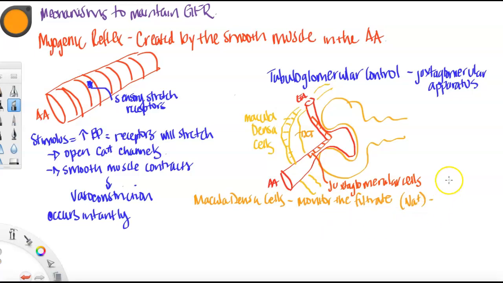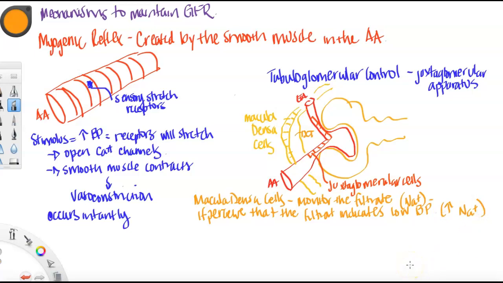Okay, so if the macula densa cells perceive that the filtrate indicates low blood pressure, that's going to mean high sodium.